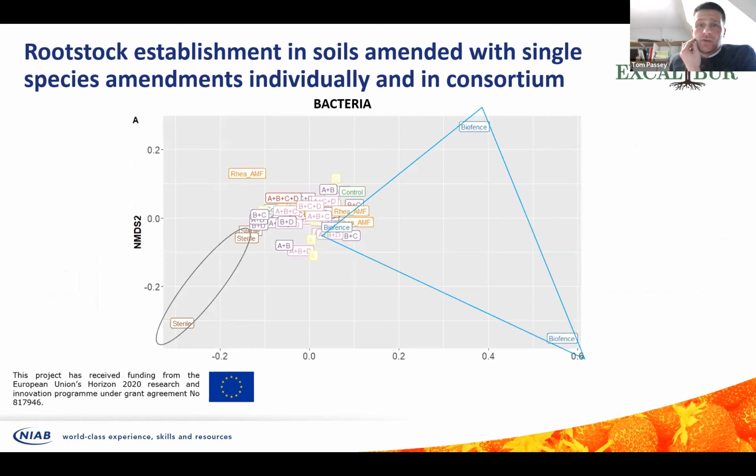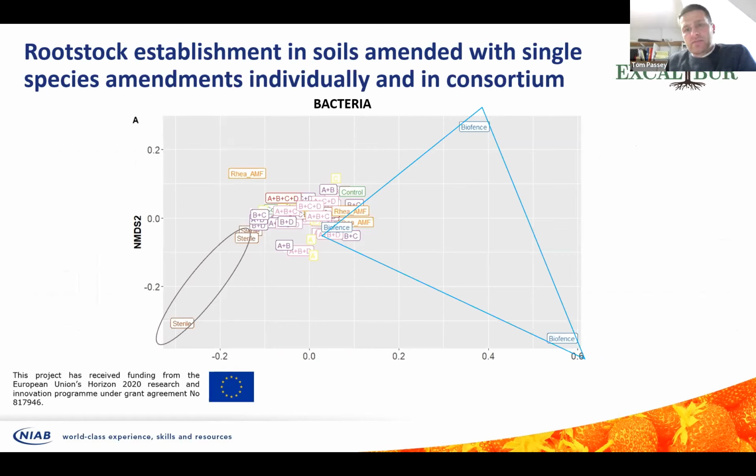And then we also looked at the soil communities for the fungal communities in these pots. There wasn't a huge difference, but with the bacteria, the main differences was where we either sterilized the soil. So this was sterilized in an autoclave to hopefully kill off anything really that was in the soil at planting.